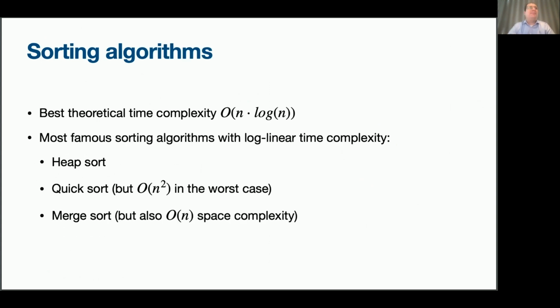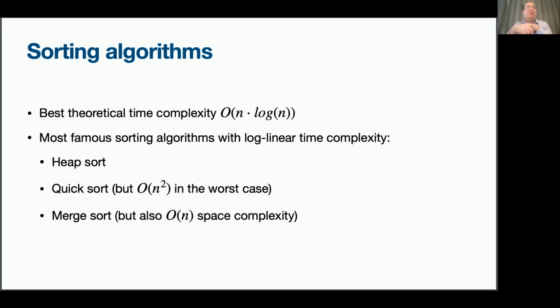So let's start with sorting algorithms. Let me start from the fact that we have two complexities, time complexity and space complexity. Time complexity is measured in the number of actions you need to do, and space complexity is measured as the amount of memory which you need to perform your algorithm.